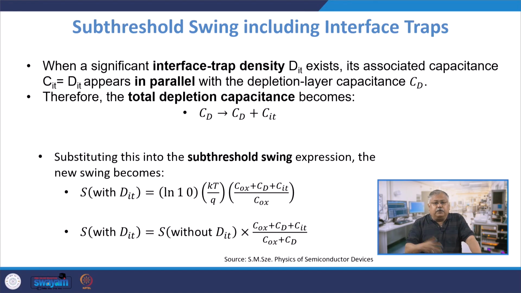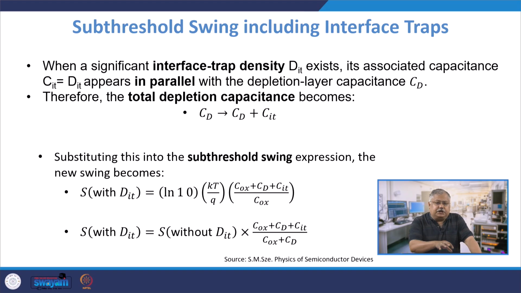Now, because it is important when you do cryogenics, let us try to bring in the interface trap charges. When you have a significantly large interface trap density, for whatever reasons, be it fabrication without proper annealing, or some problem with temperature fluctuations, or the distilled water used is not of very good quality, there will be an associated capacitance because of the interface trap charges, right.